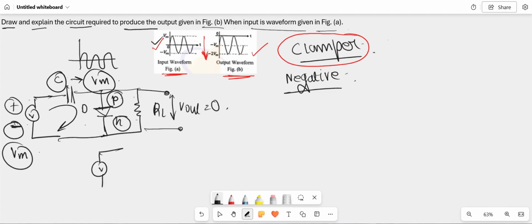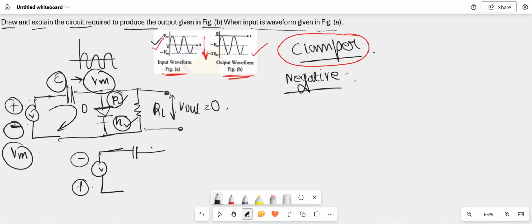And during the negative half cycle, I am drawing the negative half cycle scenario. During the negative half cycle, the negative terminal will be connected to the P terminal and the positive terminal will be connected to the N terminal. So the diode will become reverse biased, and no current will flow through it.